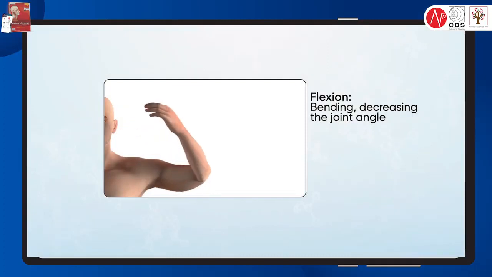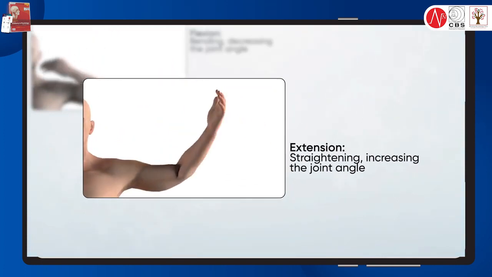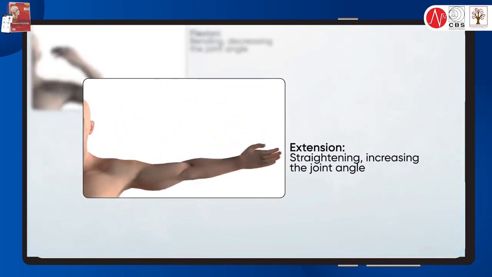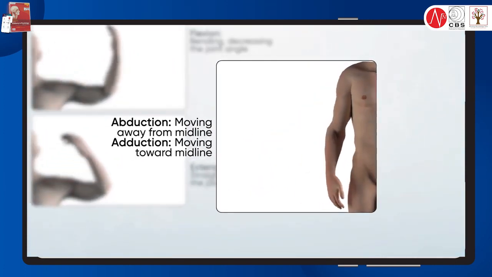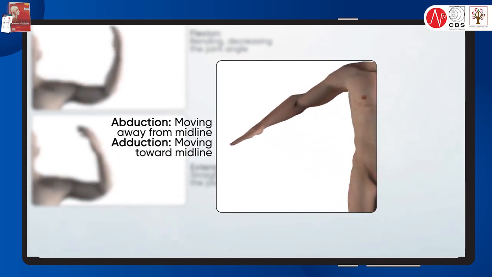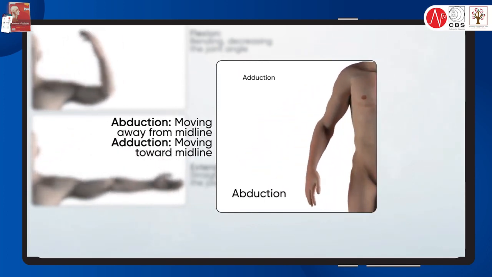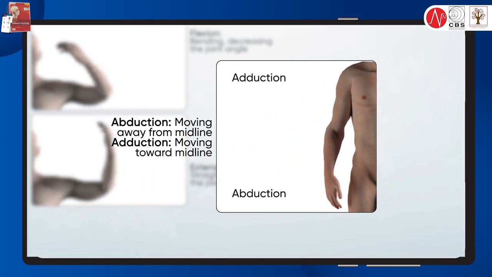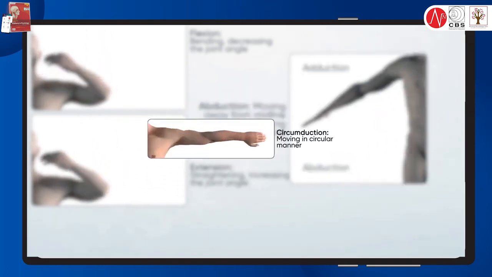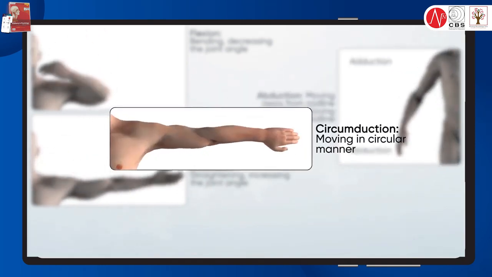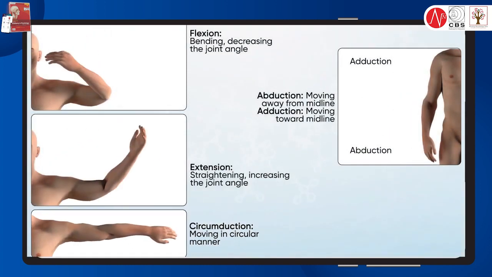Two flexor surfaces are brought close to each other. It is called flexion. Straightening of the arm and forearm at the elbow joint is extension. When limb is taken away from the body, it is called abduction. And adduction is when limb is brought close to the body. Circumduction is movement of distal end of a part of the body in a circle.